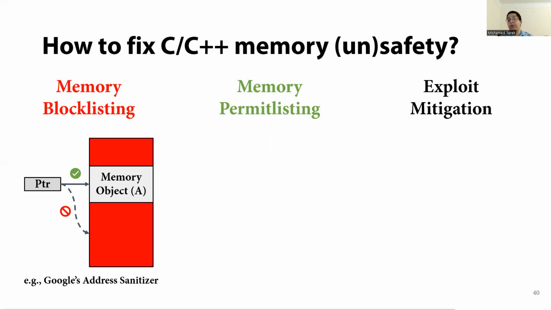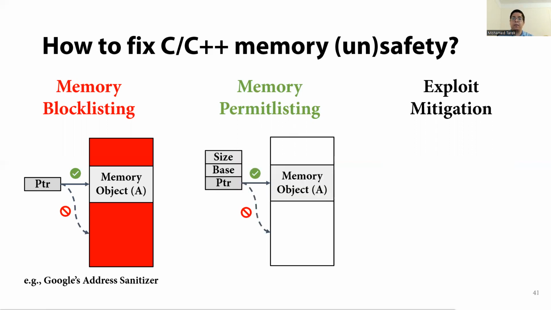A famous example of tripwire-based approaches is Google's AddressSanitizer, which maintains a few bits for each byte in memory just to decode whether this byte is allocated, freed, allocated but not initialized, etc. The second approach is memory permitlisting or base and bounds.